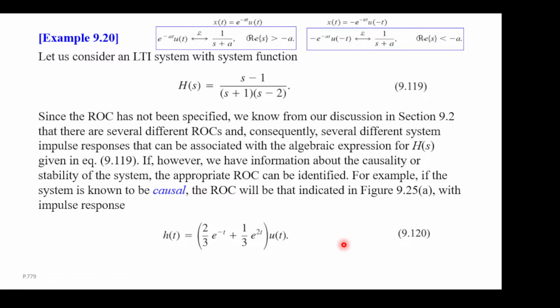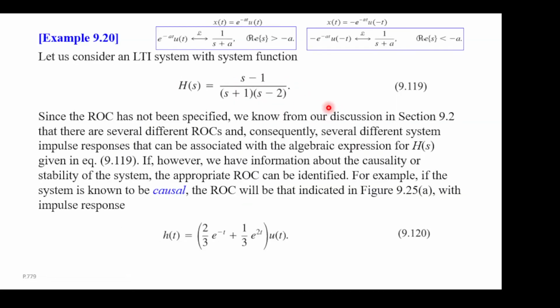This is the example where we see that by specifying a property of your system, we can determine its ROC. So let's think about the system function H of s equal to s minus 1 over s plus 1 times s minus 2.